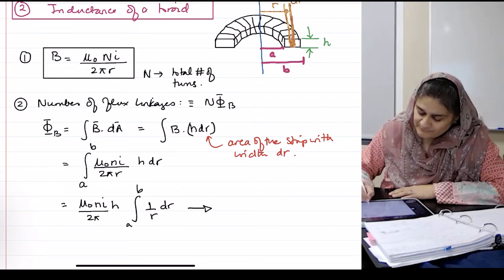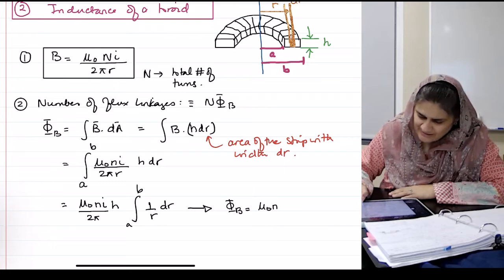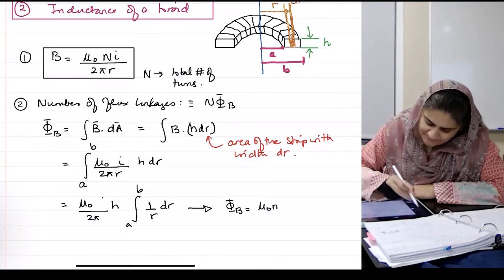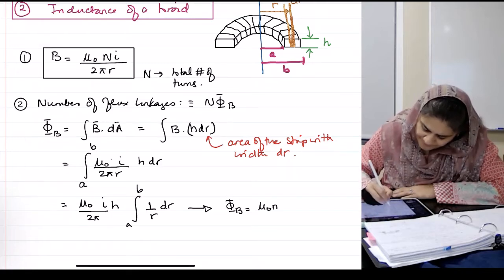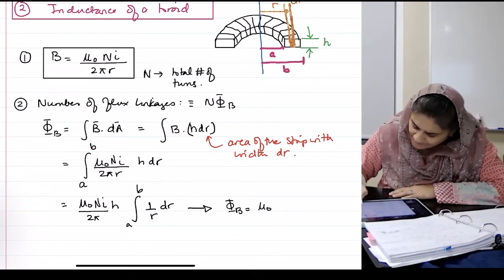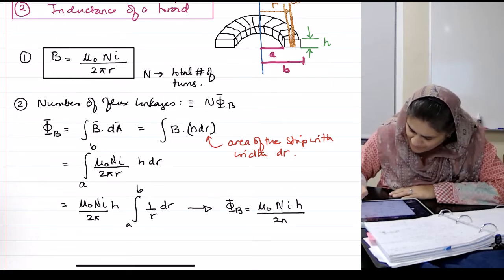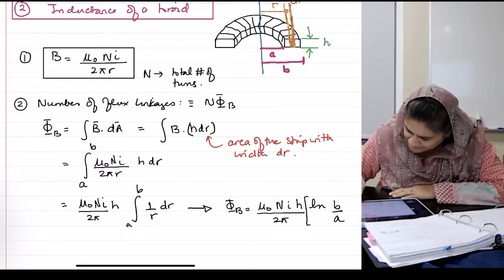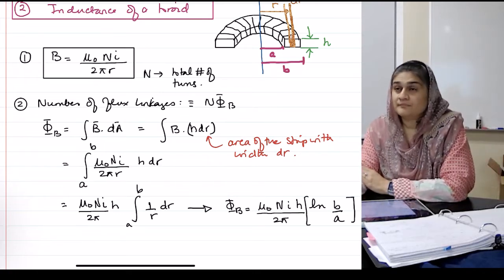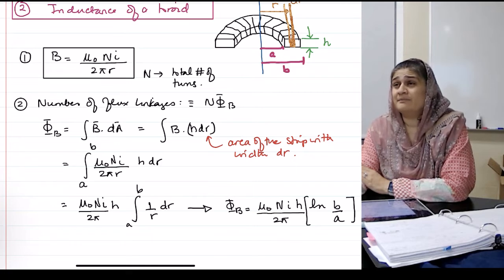Or phi B will just be mu naught, oh, shouldn't this be capital N? I messed that up. Shouldn't this be capital N? N I H divided by 2 pi log of B over A, right? That's the integration of 1 over r from a to b.